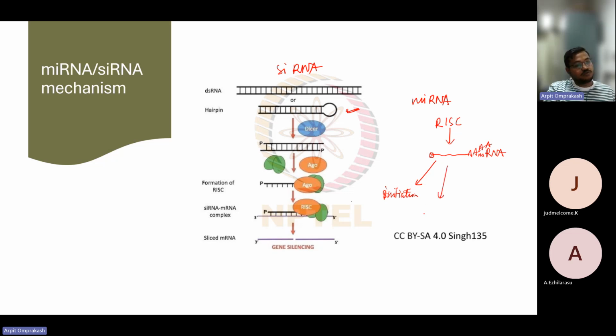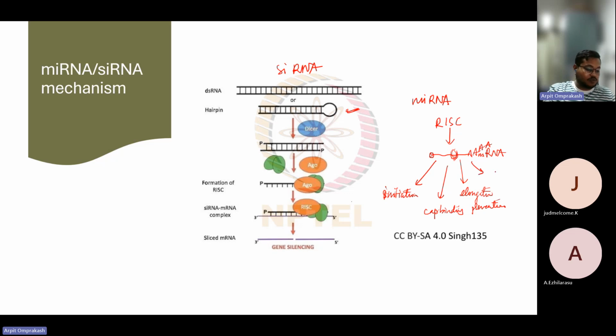The next thing it can do is cap binding, which is basically it will remove the cap or bind near the cap, preventing translation. Then it can prevent elongation. If the RISC complex binds someplace here, the elongation of the protein molecule is prevented, and thus the full protein is not made.